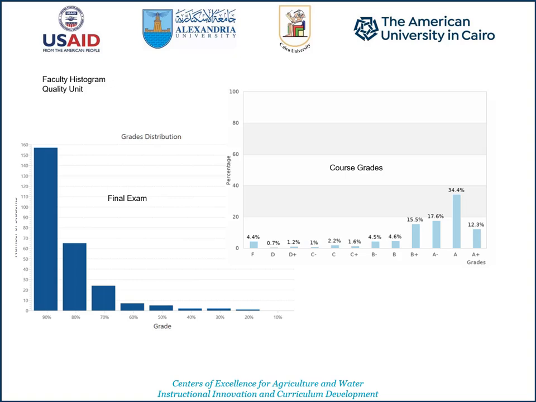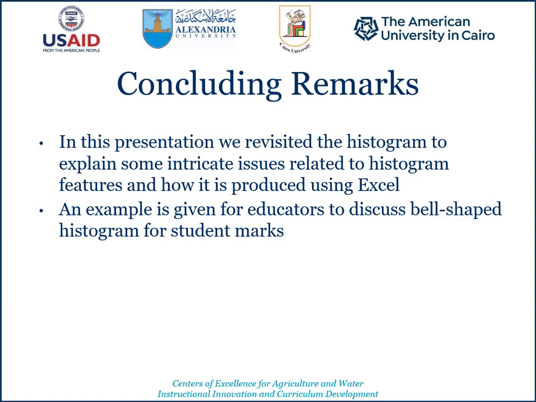The one to the left is grades distribution of final exam, and it is in percentage with equal bins. The one to the right is unequal bins using the grading system, and the y-axis is percentage instead of frequency to make a correct histogram.